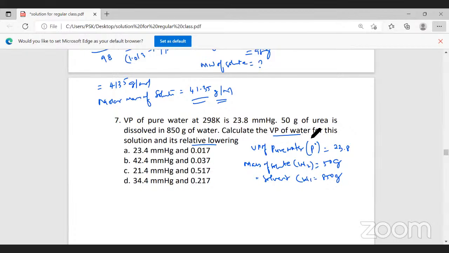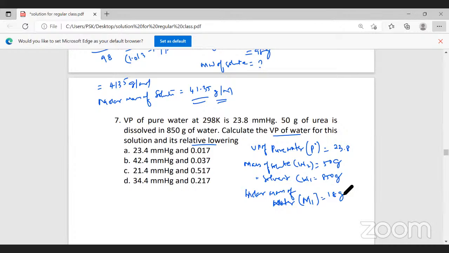They're asking you to calculate the vapor pressure of the solution as well as the relative lowering. So now tell me, what is M2? We know the solvent is water, so the molar mass of water, capital M1, is 18 grams.